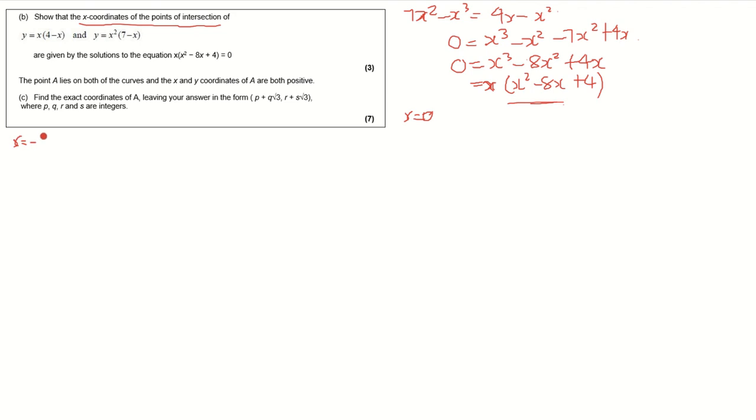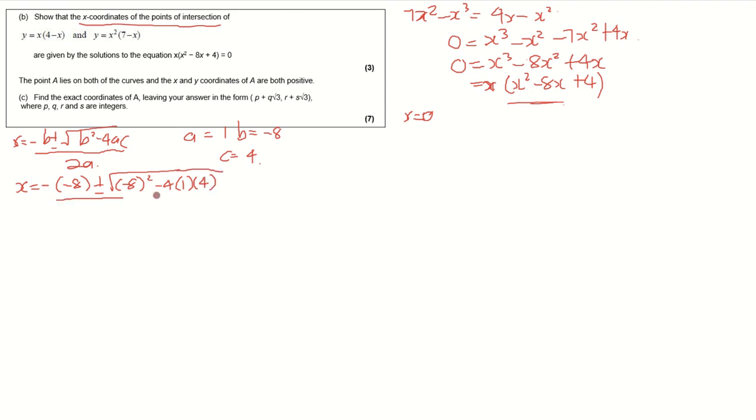x equals negative b plus or minus the square root of b squared minus 4ac, over 2a. So a equals 1, b equals negative 8, and c equals positive 4. If I substitute that, x equals negative negative 8, plus or minus the square root of negative 8 squared minus 4 times 1 times 4, all divided by 2 times 1.